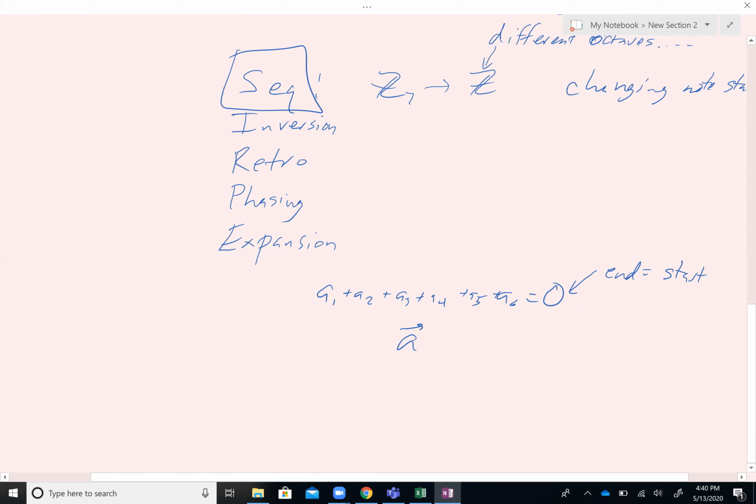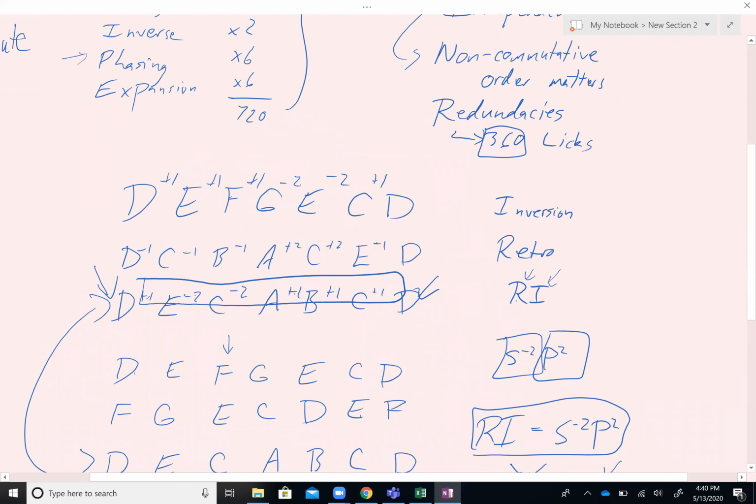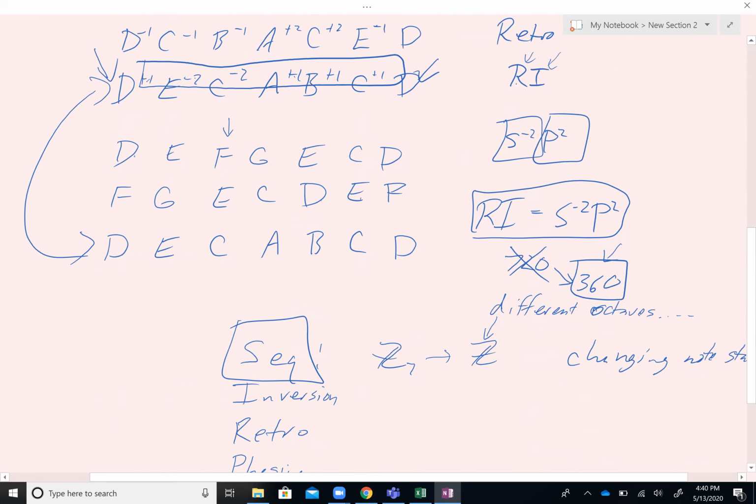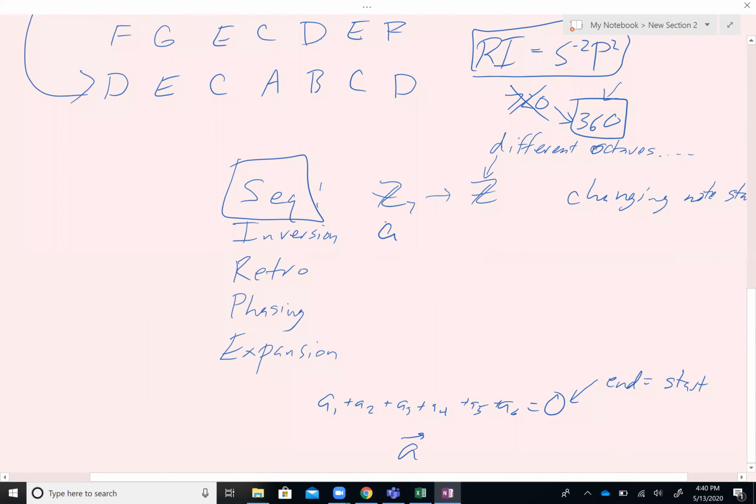Okay, well, what did inversion do? It changed the sign on all my numbers, so my +1s became -1s, my -2s became +2s, and so forth. So mathematically, what's going on with inversion is your vector is just getting a minus sign. That's no big deal. Let me skip retro and phasing for a second.